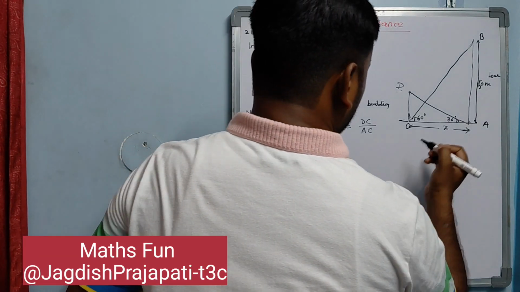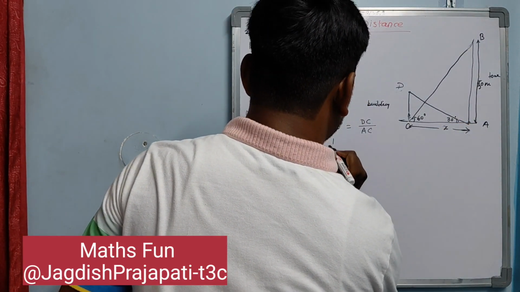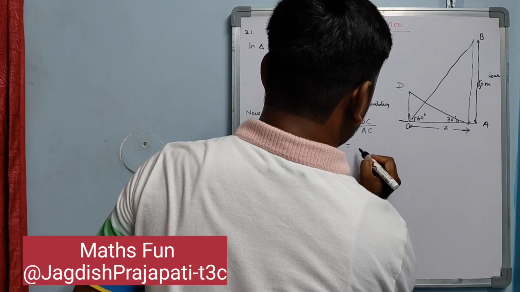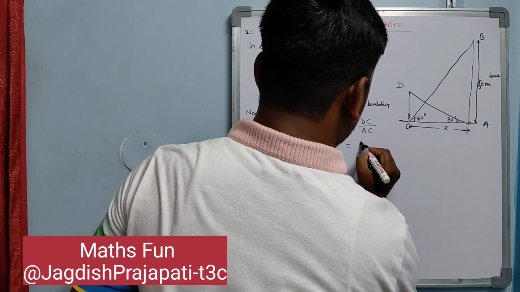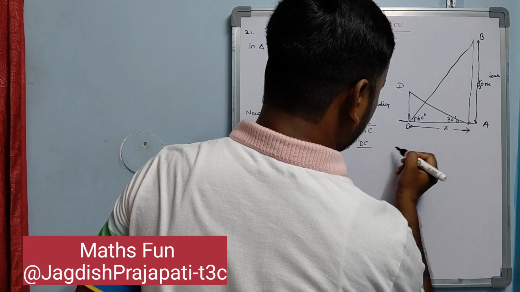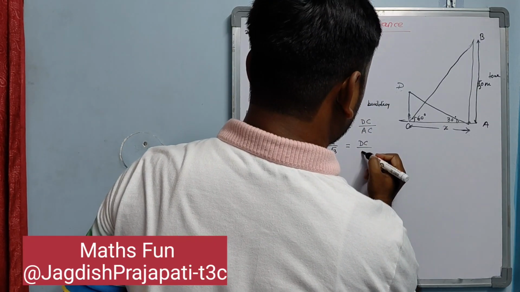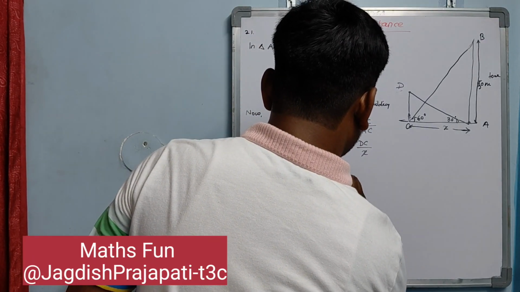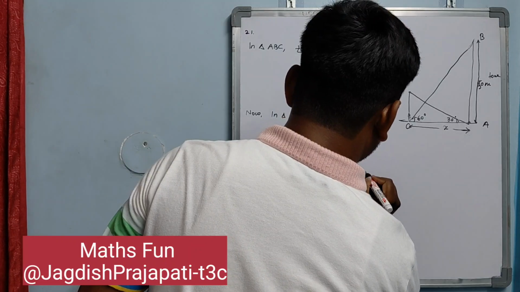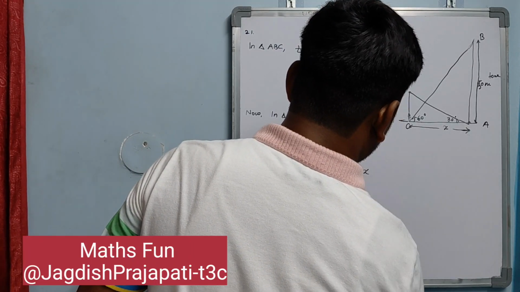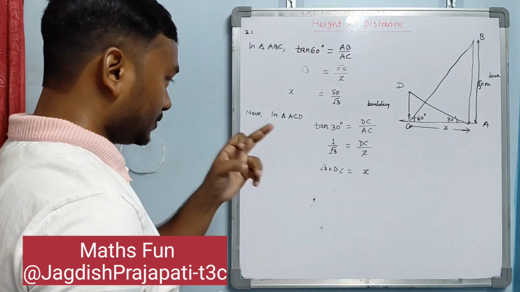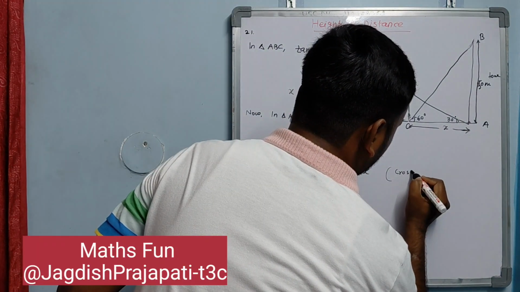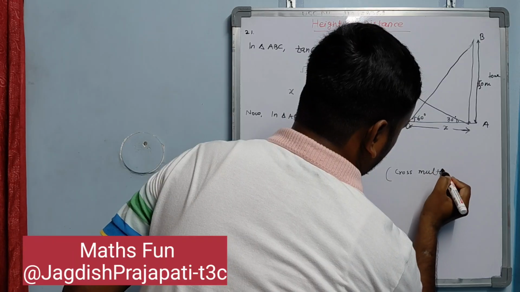Okay, so tan 30 is 1 upon root 3, equal to DC upon AC. DC we don't know, we have to find out DC, and AC is X. So root 3 into DC is equal to 1 into X. How did we get this? Using cross multiplication.